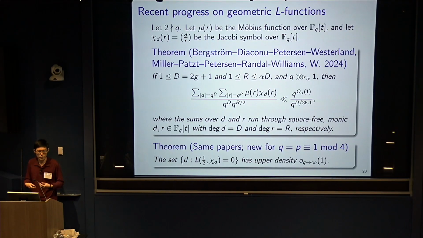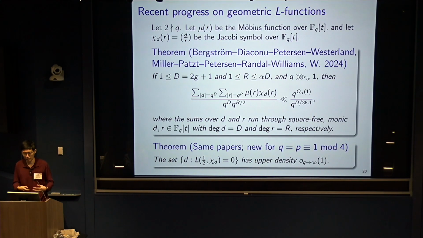And you can also look at the 1-1 case of the ratios conjecture, which corresponds to looking at one-level densities, like in Phi's talk. And then using that, you can get an approximation to Chowla's non-vanishing conjecture for the L functions at the central point. So you don't quite get that they're almost all non-zero, but you get a density closer and closer to 1 as the function field Q goes to infinity.